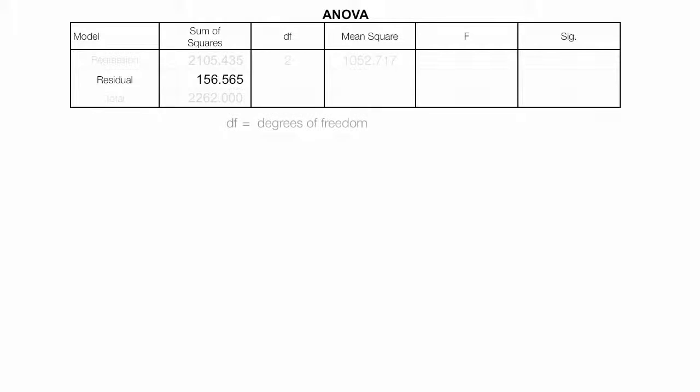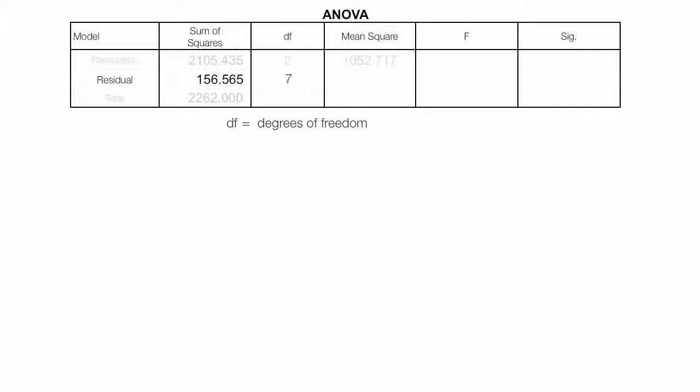The degrees of freedom for the residual, or for the errors, is based upon the sample size. How big is my sample size? Which is 10. And my regressors, which are the three variables I'm estimating, which is 3. So I have 10 minus 3, which is 7 last time I checked. Something to consider is, as my sample size gets large, my degrees of freedom would also become large.